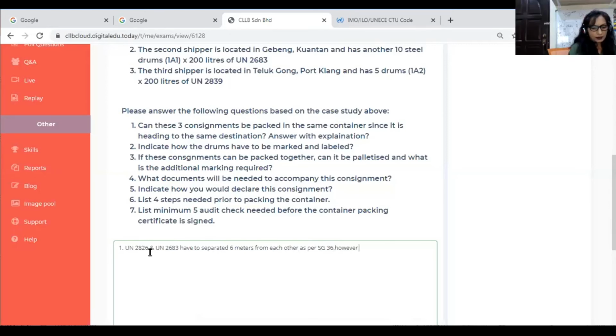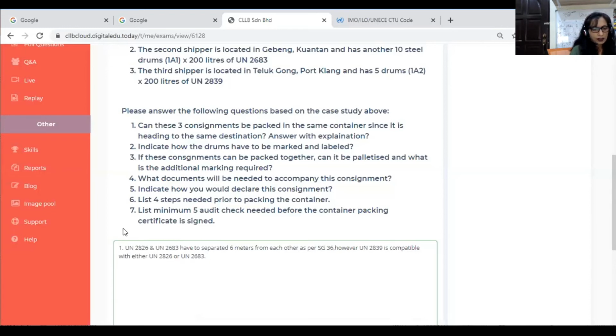However, UN 2839 is compatible with either UN 2826 or UN 2683.